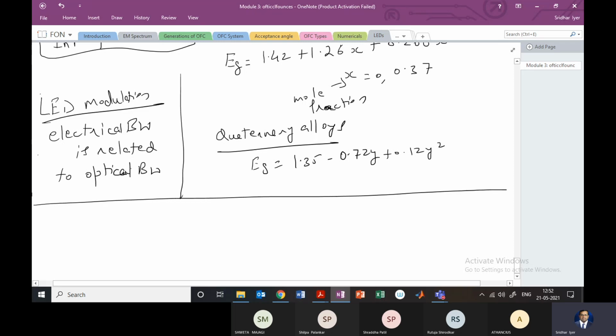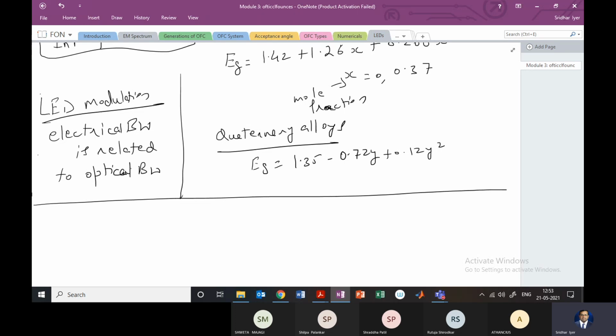So wherever the electrical value is there, what is the optical value? Is it the same? Is it not the same? If it is not the same, why is it not the same? And what is the difference in the values? If it is the same, why is it the same, and so on. So we'll try to answer that question also. Very important aspect, followed by some numericals based on that. Okay. So that will be the other part which we want to discuss.